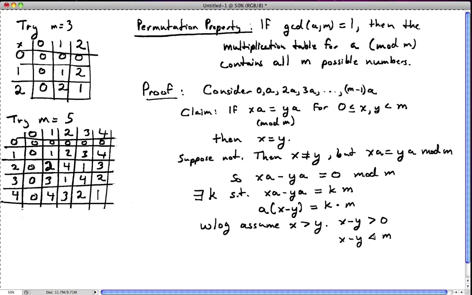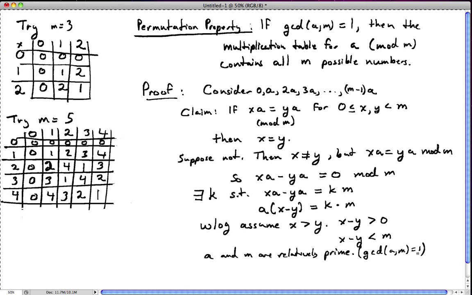Now, let's look at it. A times (X minus Y) equals K times M. But A and M are relatively prime. That's another way of saying the GCD of A and M is 1. So A and M don't have any divisors in common except for 1, which means that if you look at this expression here, this guy and this guy, they share no factors.